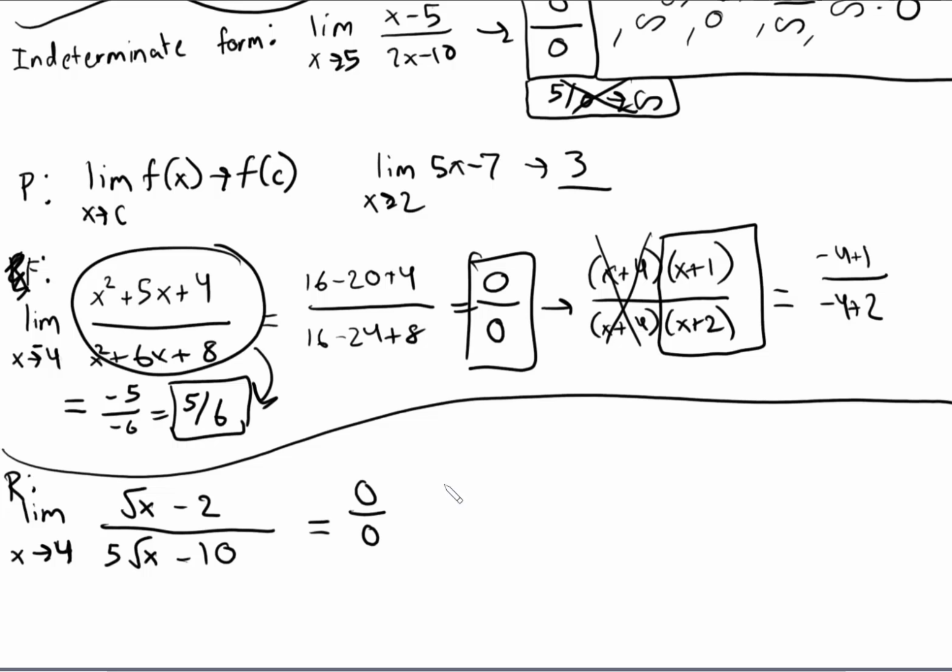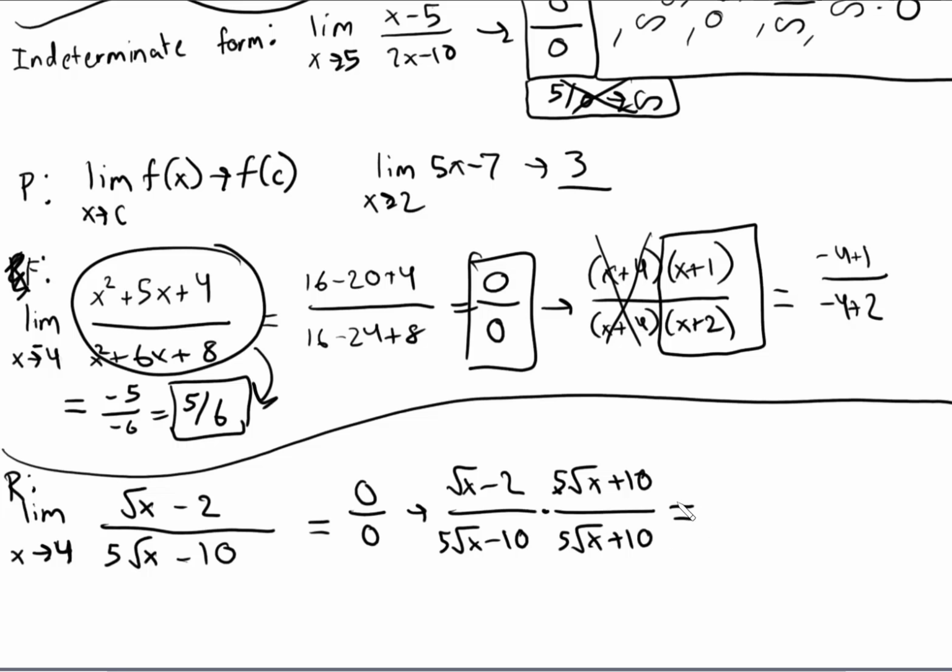How do you rationalize? Well, you find that common denominator. So we'll multiply both sides of this function, the top and the bottom, by 5 root x plus 10. When you multiply this out, you should have a common factor that you can actually cancel out.